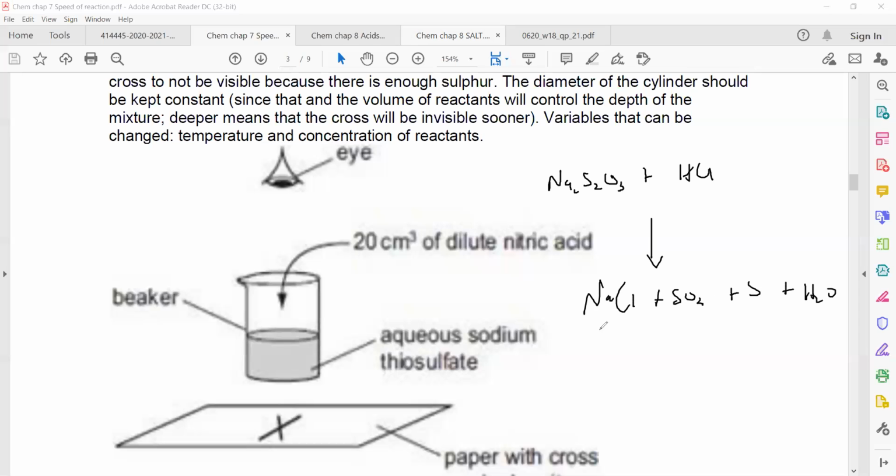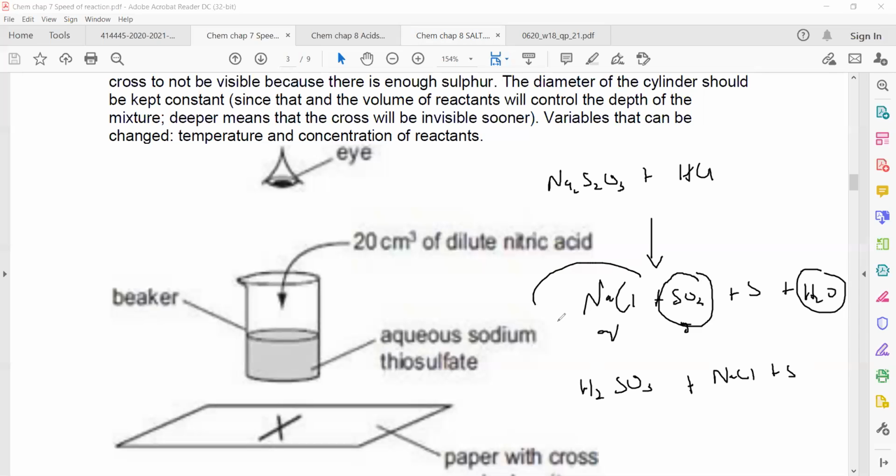This is aqueous, and sulfur dioxide is the gas. But normally, because sulfur dioxide is soluble, it mixes with water and forms sulfurous acid, H2SO3. So normally we write H2SO3, NaCl plus S.